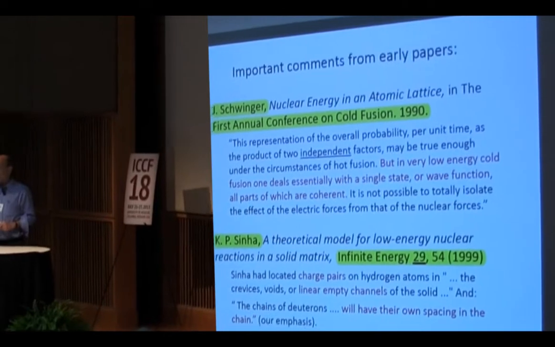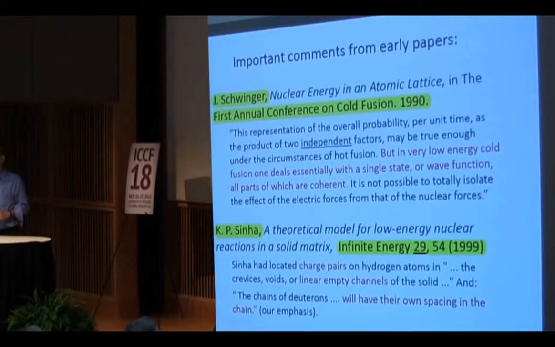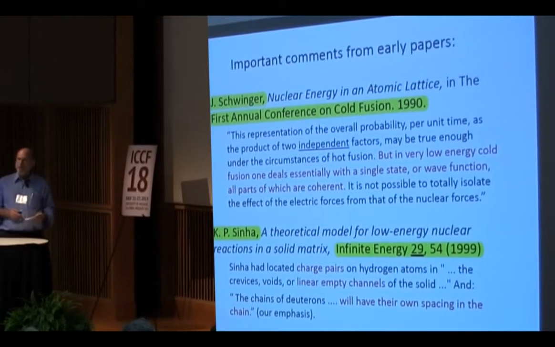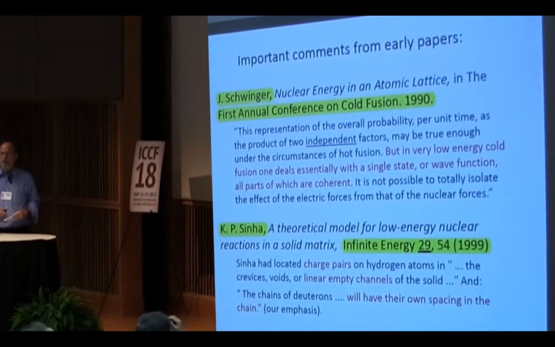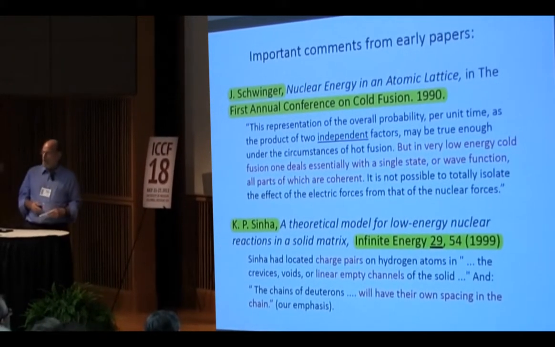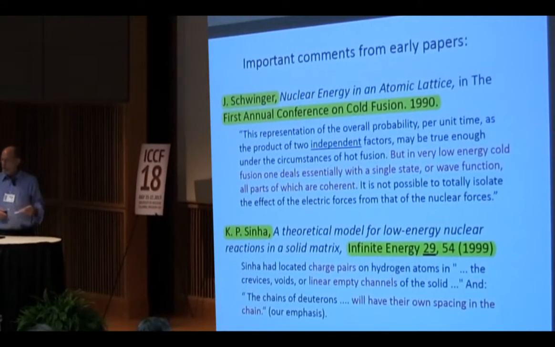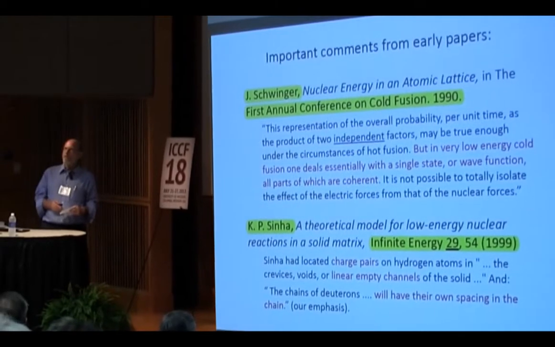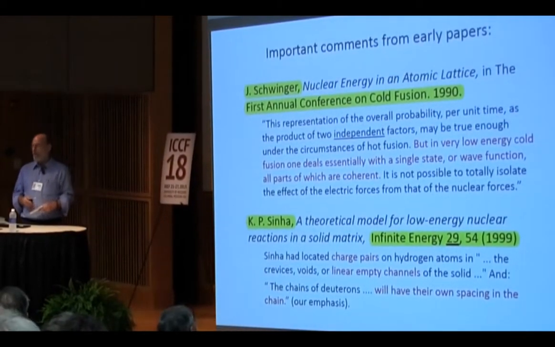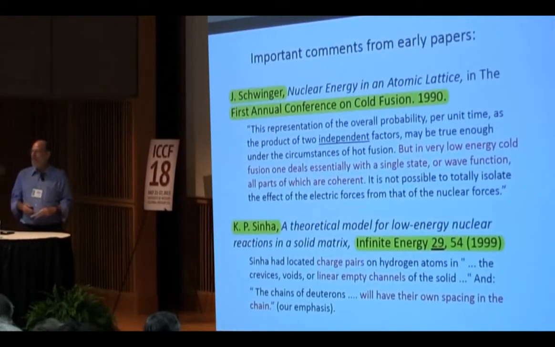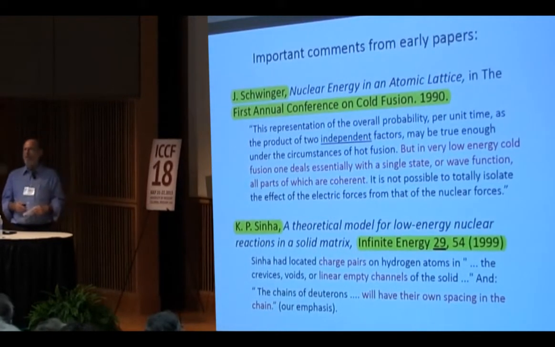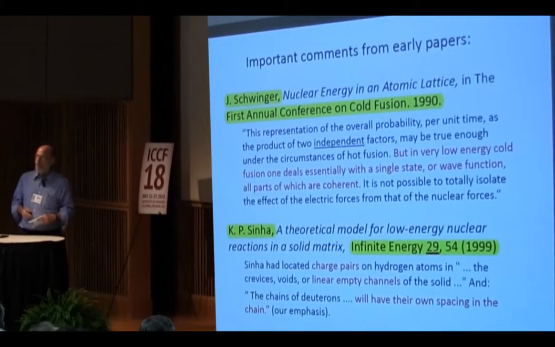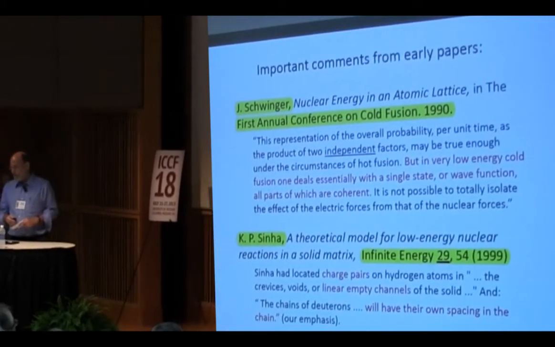It is not possible to totally isolate the effects of the electric forces from those of the nuclear forces." This is an important feature, and I think it's one that Ed Storms has appealed to. It probably offended a lot of us physicists until we thought about it, and finding that Schwinger actually made this comment certainly lends a little support and makes us pause in our views.